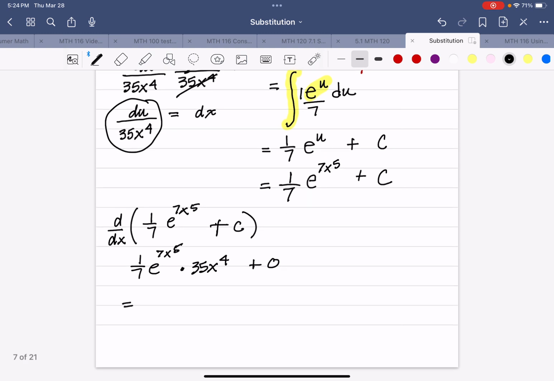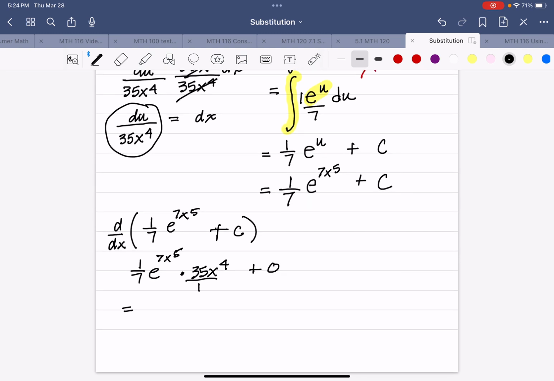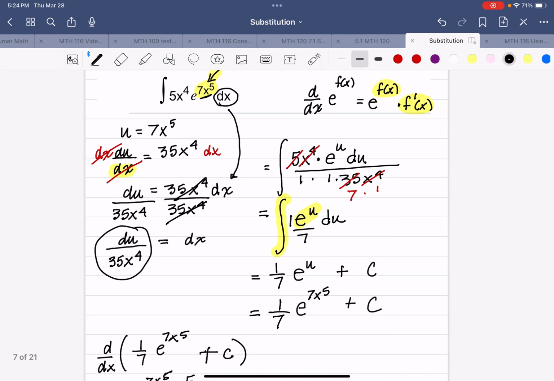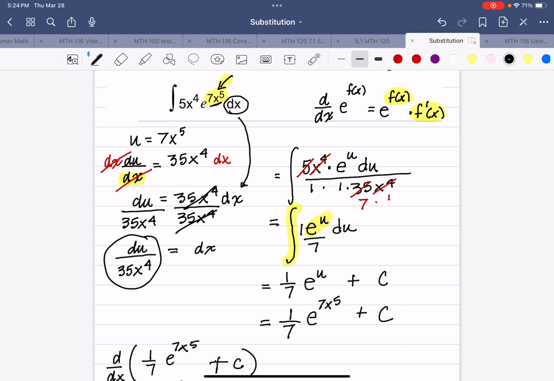And then, look, you have a 7 on bottom and a 35 on top, so that 7 is going to go into that 35, and it's going to leave me of e to the 7x to the 5th times, that 7 goes into there 5 times, so 5x to the 4th. And then if I rewrite that, 5x to the 4th in the front, e to the 7x to the 5th, you'll notice that's exactly what our problem was.